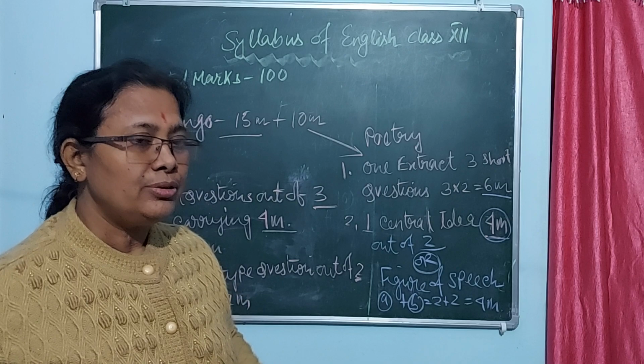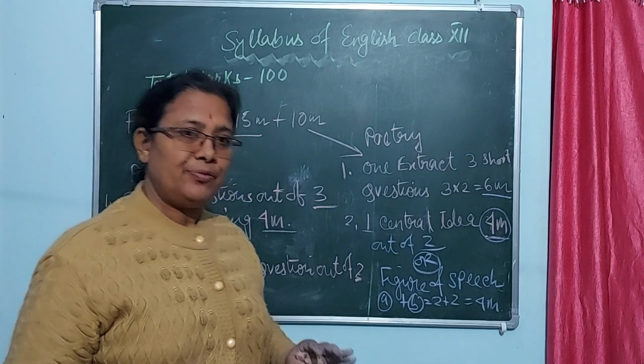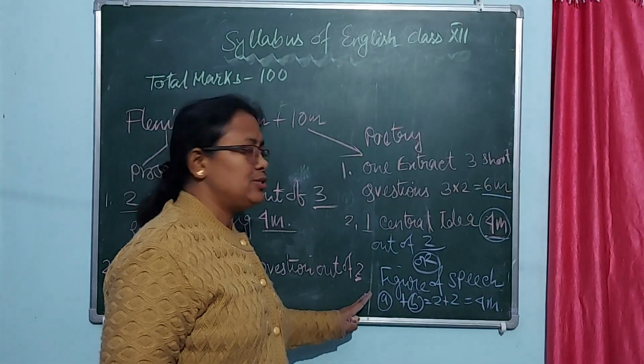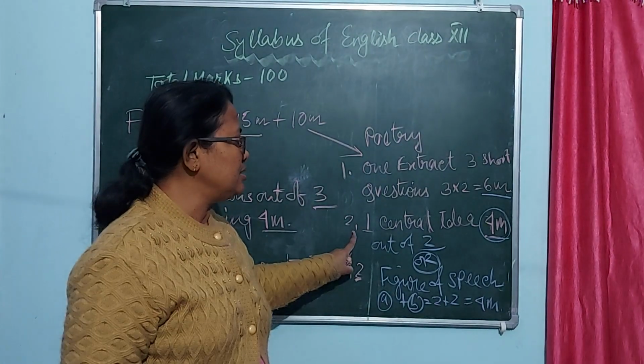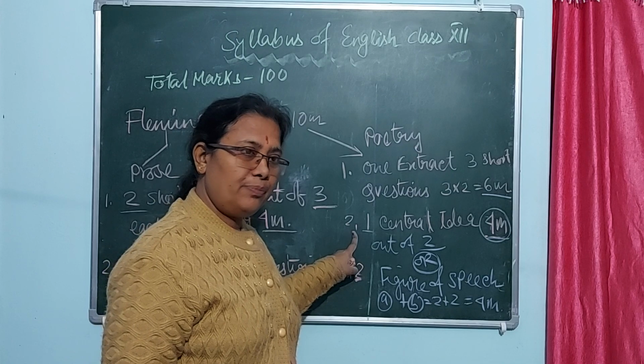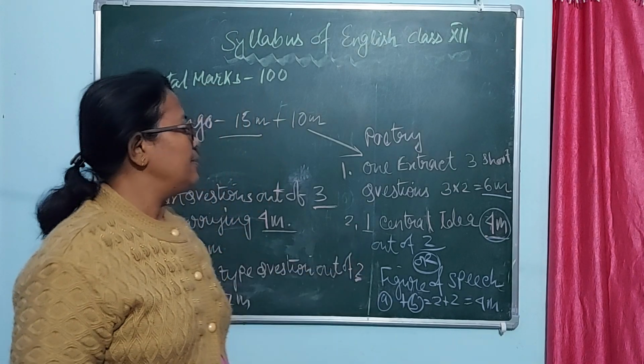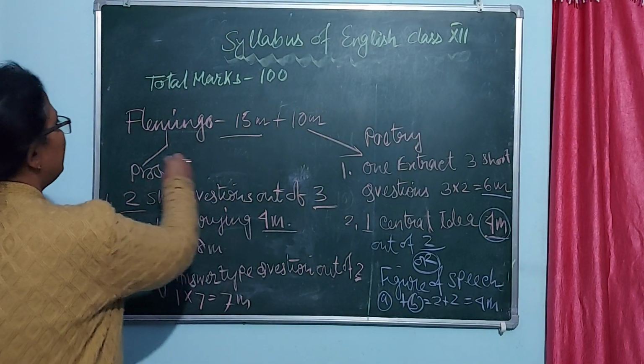So if you know the figure of speech and literary devices perfectly, then only attempt this one. Otherwise, I'll just say you choose only the central ideas. So go through the poem perfectly so that you can write it. So this is the marks division.